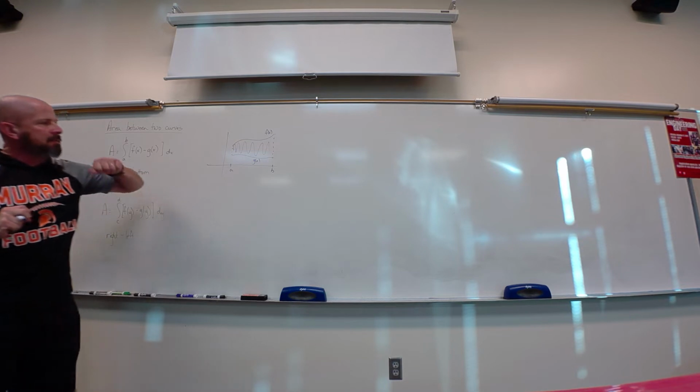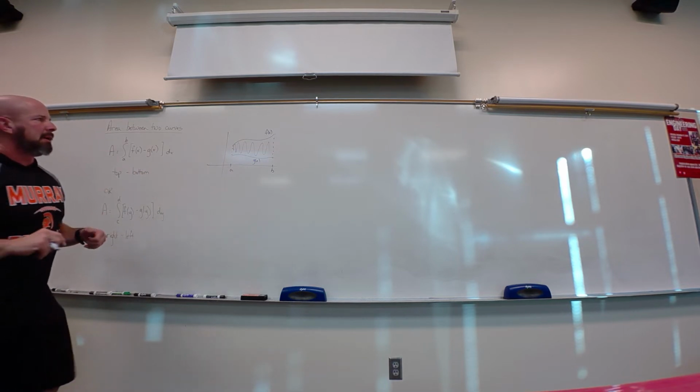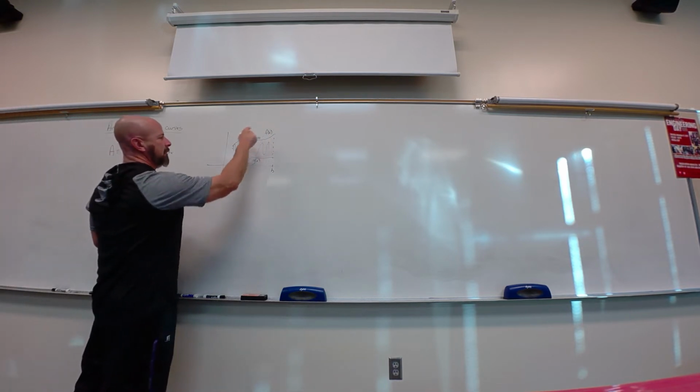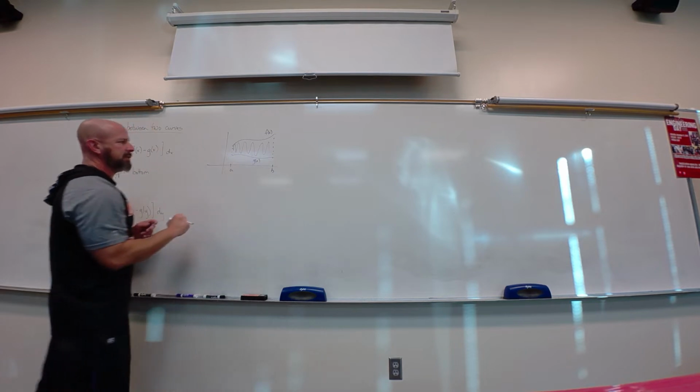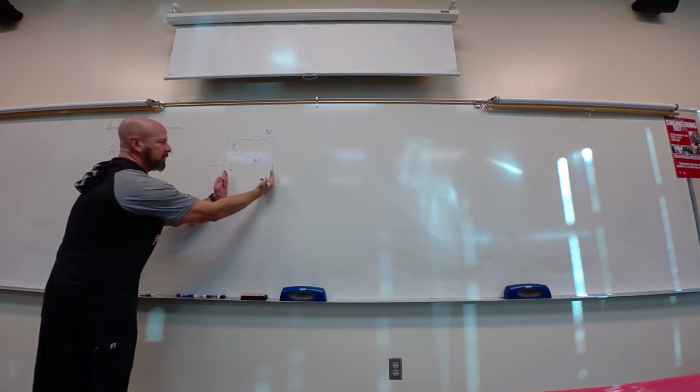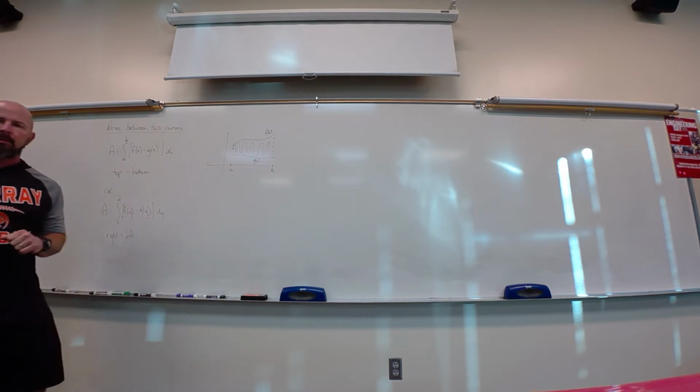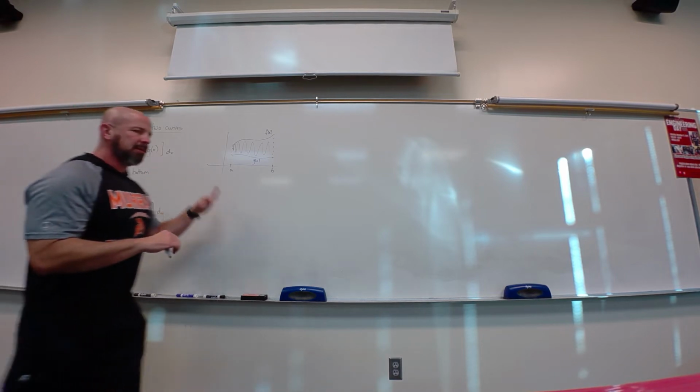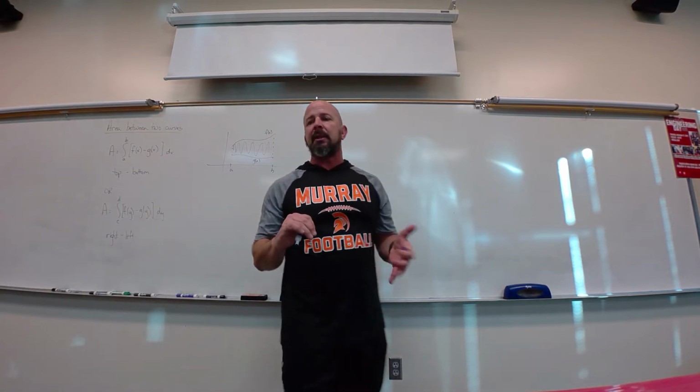F is on top of G the entire time, so we're going to have this F function, whatever it is, minus whatever the G function is, between A and B creates that integral.